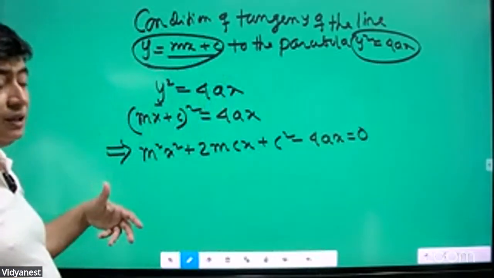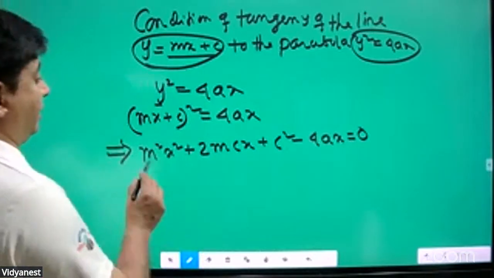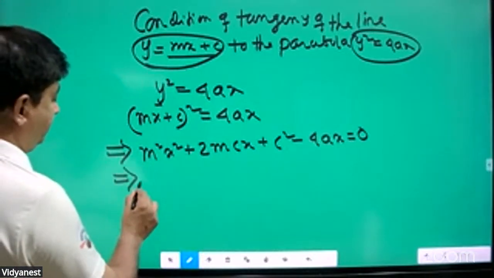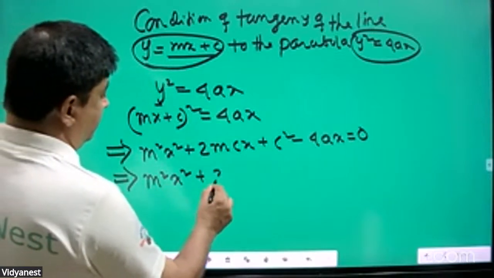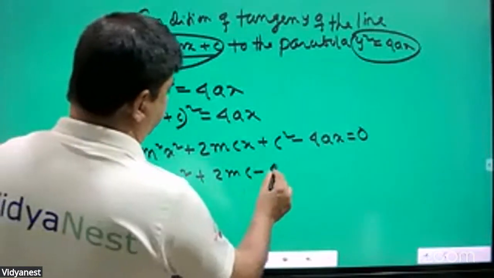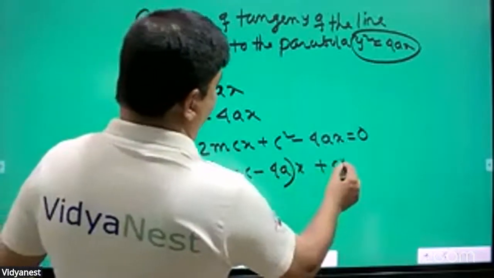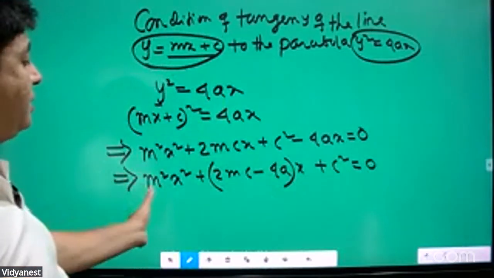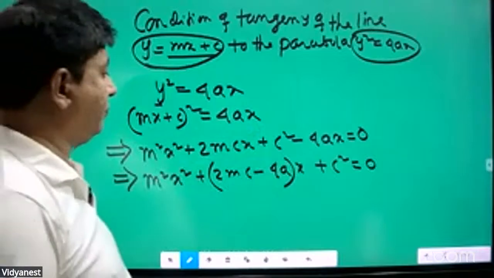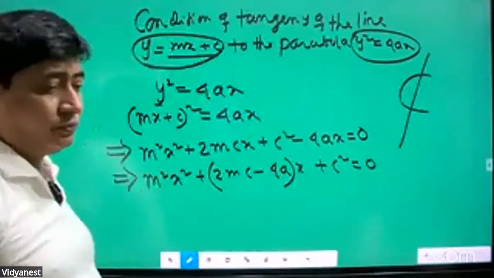Now give it the form of a quadratic. m square x square plus 2mc minus 4a into x plus c square. So at last it has attained the form of ax square plus bx plus c. Now there is a parabola, there is a line.